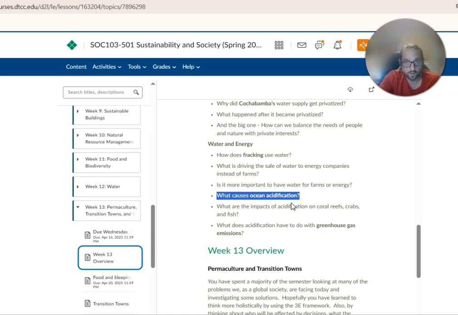A really big one is coral. Coral can be killed, or basically can't thrive or even survive, when water is too acidic.